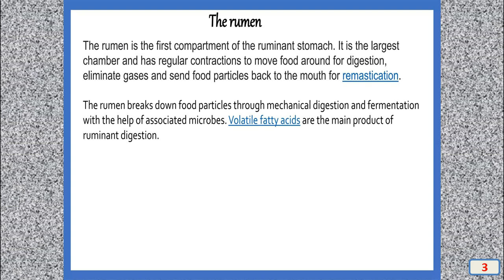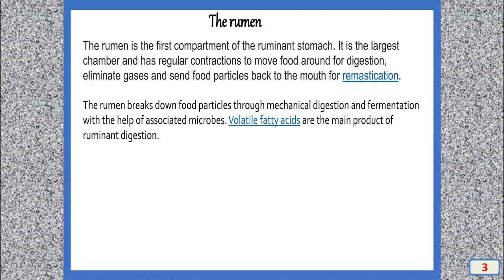And the specialty of the ruminant stomach is the microbial digestion, and it's a very big fermentation vat containing different types of bacteria, protozoa, and also some viruses which can break down food particles through mechanical digestion and also fermentation with the help of the microbes.